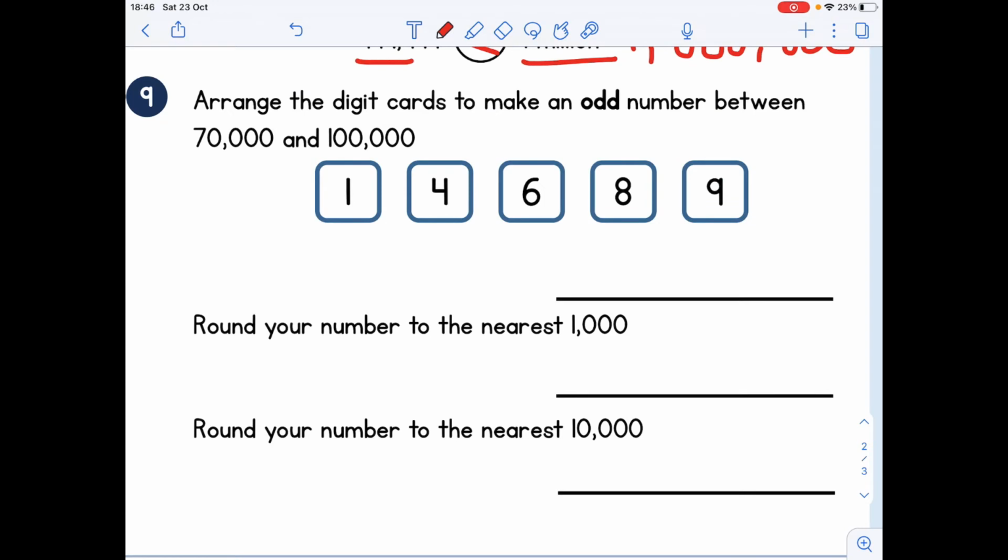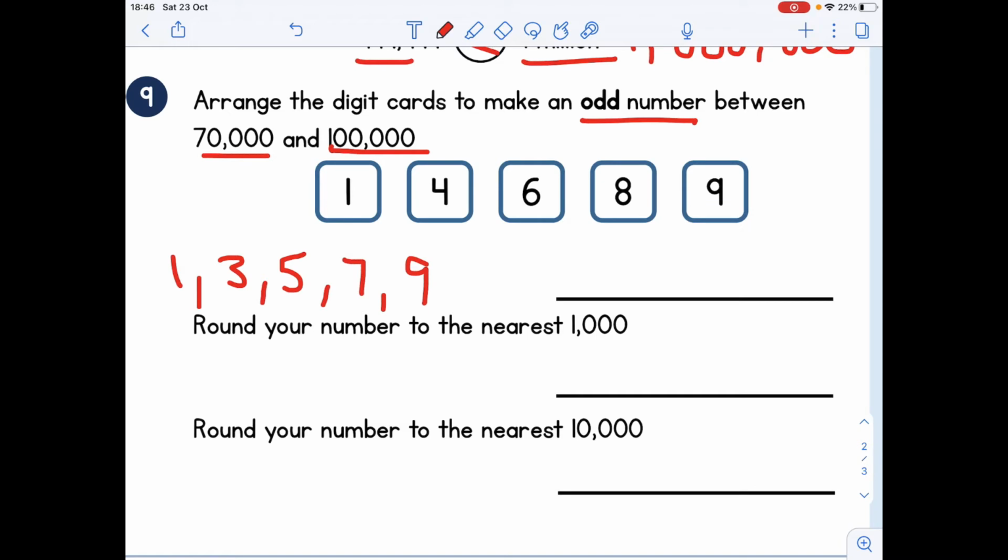Okay, number 9. Arrange your digit cards to make an odd number between 70,000 and 100,000. Okay, you need to remember that an odd number is a number that ends in 1, 3, 5, 7, or 9.